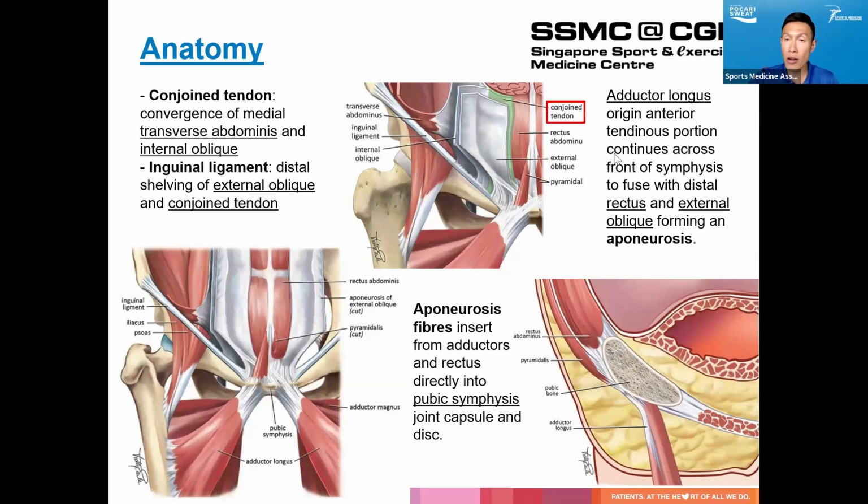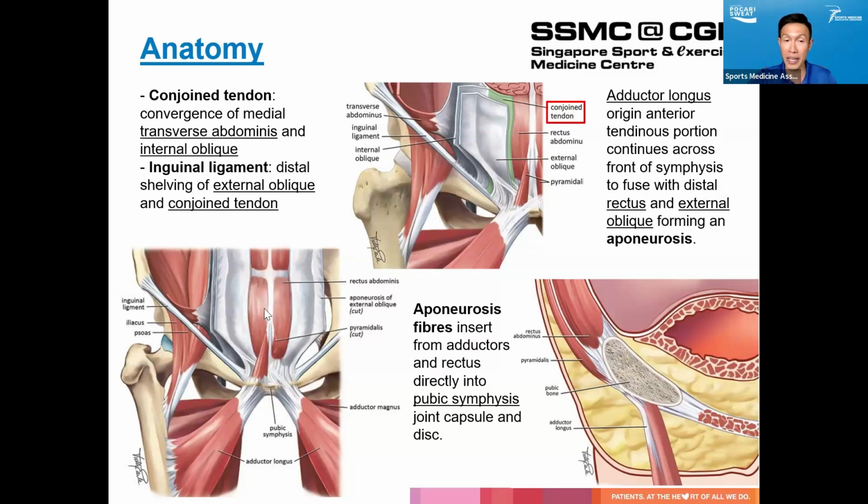So the adductor longus, which is one of the adductor tendons, this is the muscle, and this is the tendon. The anterior portion of the tendon actually crosses the front of the symphysis, which is this bone in the front, and fuses with this portion, which is what we talked about, the conjoint tendon, inguinal ligament, and also a bit of the abs, the lower abs, so rectus abdominis.